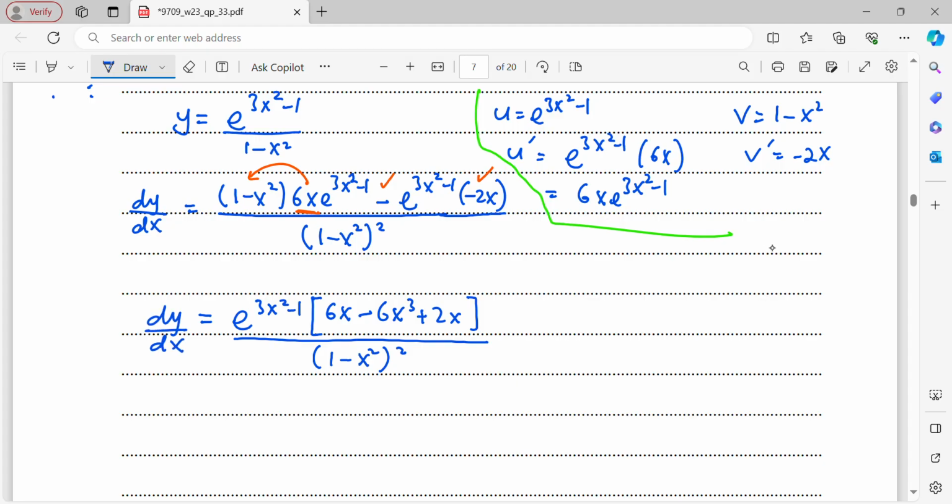But then stationary points means dy/dx equals 0. So you let it be 0. When you let it be 0 means that the numerator equals 0. So I know that e^(3x squared minus 1) multiplied with this is going to be e^(3x squared minus 1). I can simplify the first and third term. Therefore you are getting 8x minus 6x cubed.